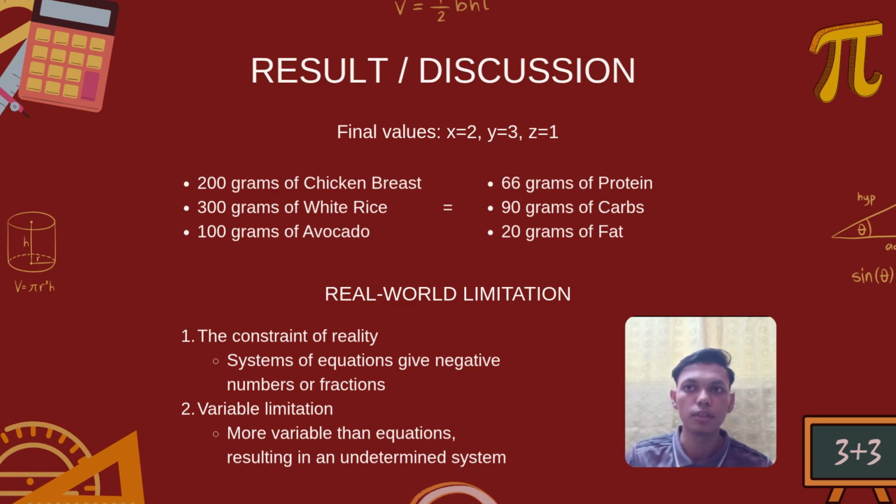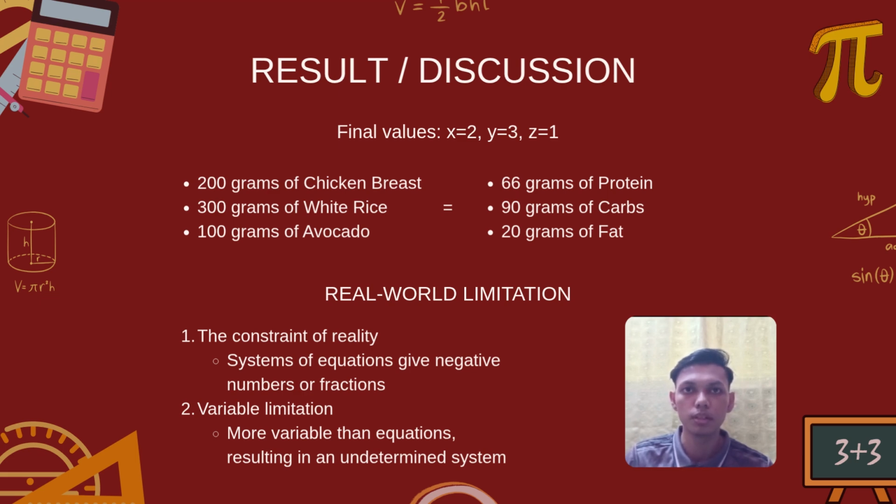Second, variable limitation. We only look at 3 foods to solve these 3 targets, creating a perfect 3 times 3 matrix. But in real life, a person's diet consists of dozens of different foods.